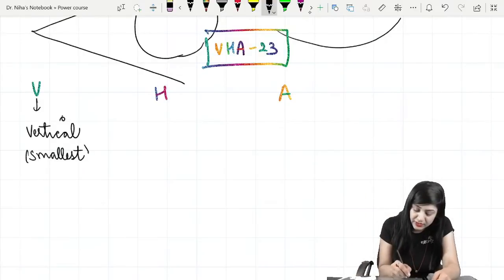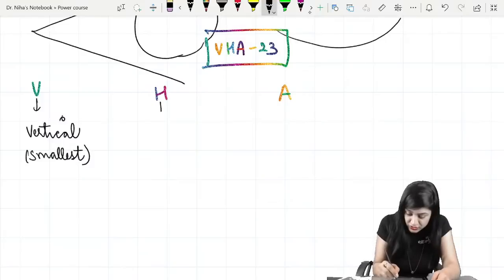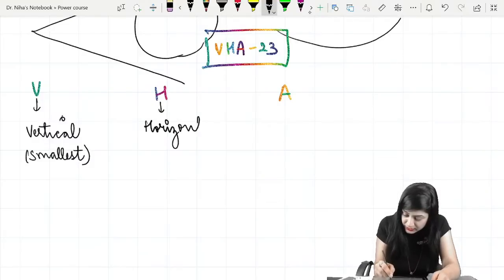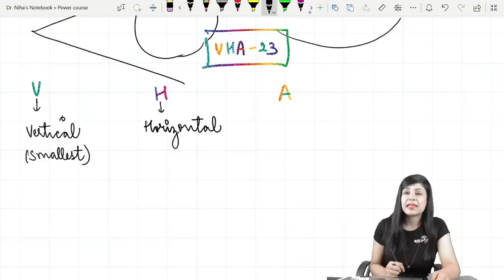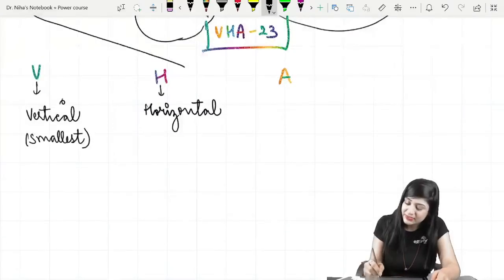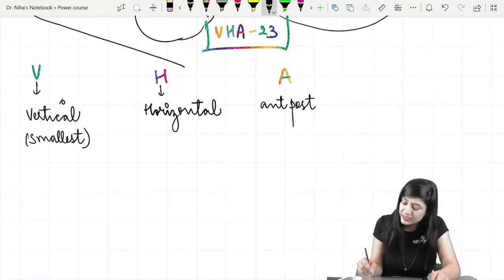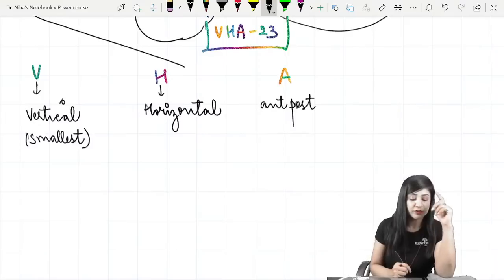Then H, the horizontal. And then next is A, the anteroposterior. V for vertical, H for horizontal, A for anteroposterior. ठीक है?